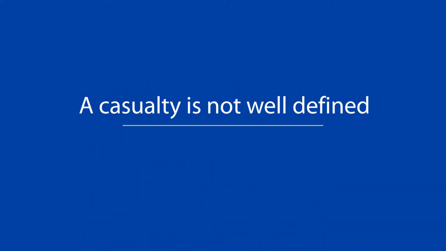Okay, what is a casualty? Oddly enough, a casualty is not well defined. In insurance, casualty is damage or loss to a person or thing as the result of an accident. And legally, it's a disastrous occurrence occurring as a result of an unexpected or sudden or unusual cause.